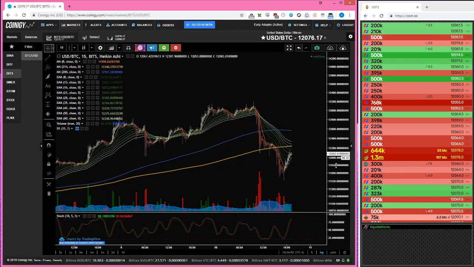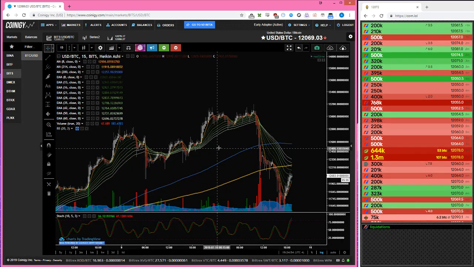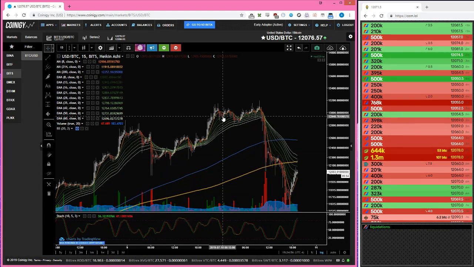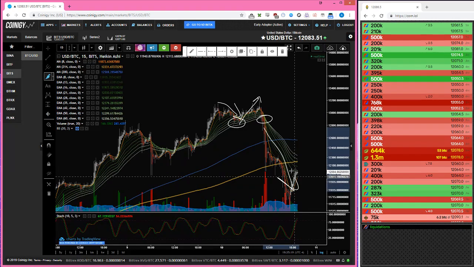For example, yesterday we had the first dip, right? But we didn't break the bands. So the bands hold, and then we did a little stop run. And then once the bands break, it's down.